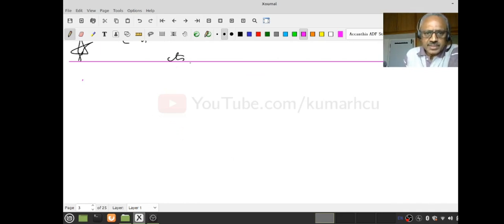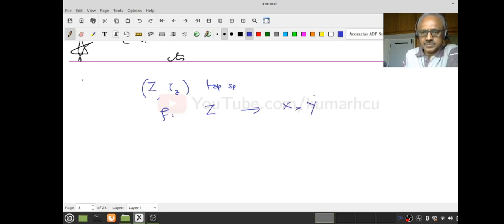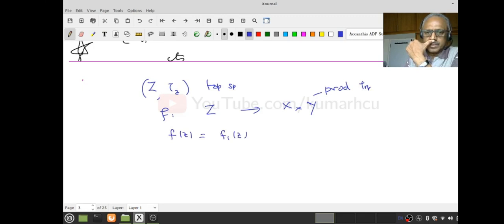The next important result one knows about this is, suppose Z with tau Z is a topological space. Let f be a map from Z to X cross Y, of course with the product topology. Then any f of z is an ordered pair, therefore I can write it as f1 of z and f2 of z.